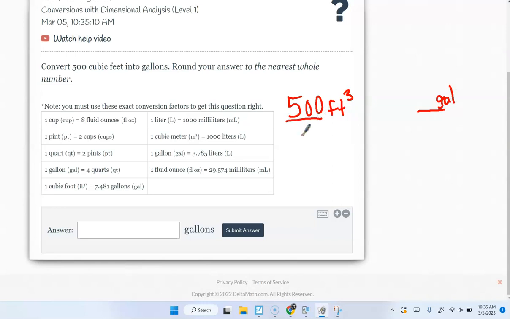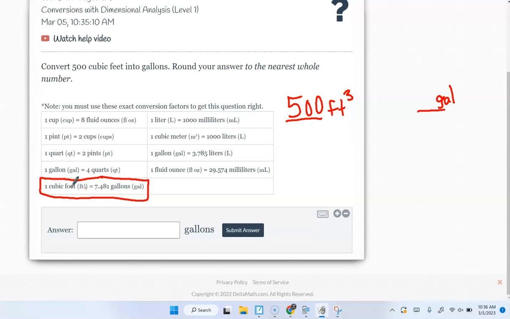So I'm going to need to somehow get this fraction that has feet cubed in the numerator to turn into gallons in the numerator. So I kind of have to know a relationship between cubic feet and gallons. And I see one right here in my reference chart. So 1 cubic foot is equal to 7.481 gallons.